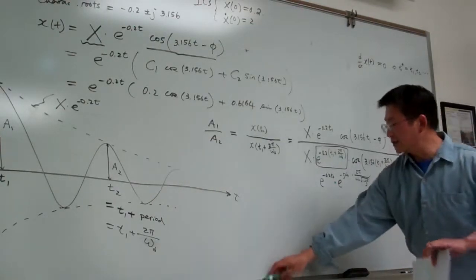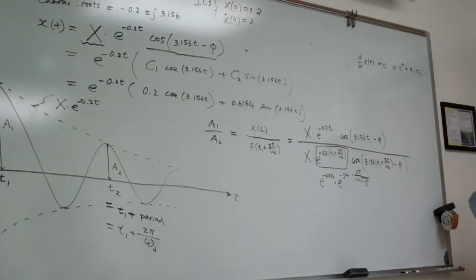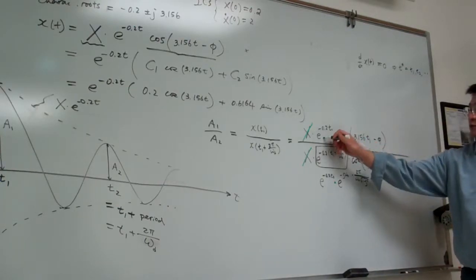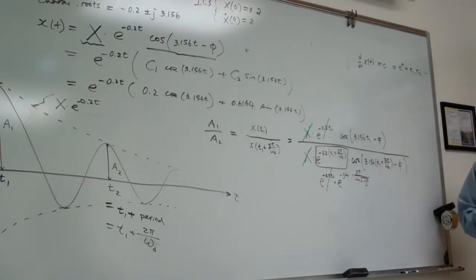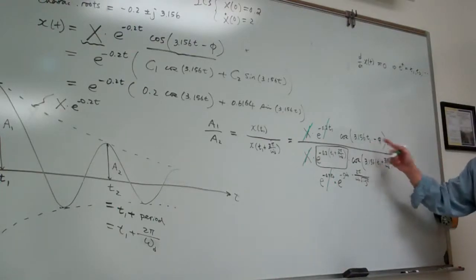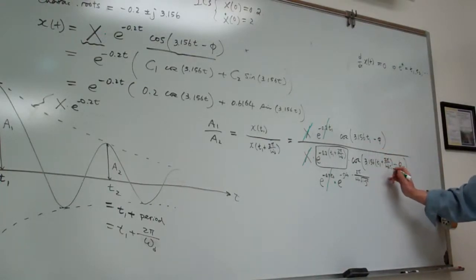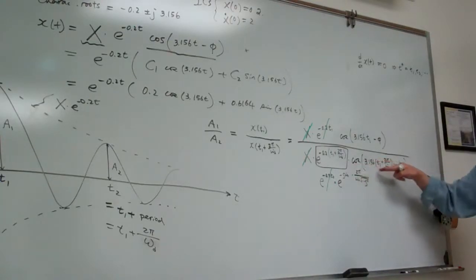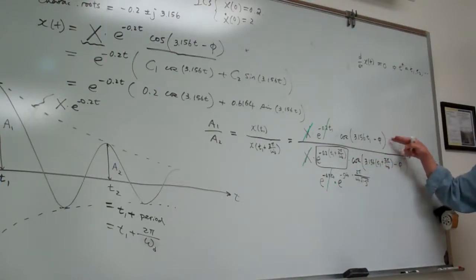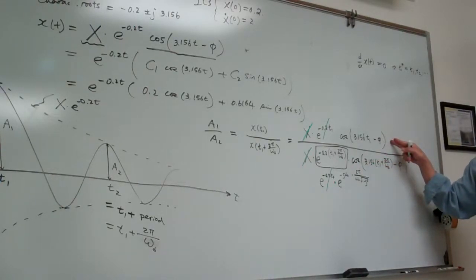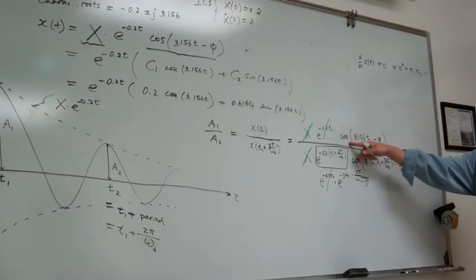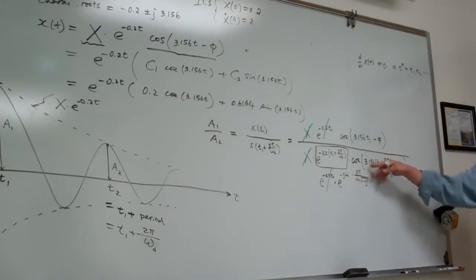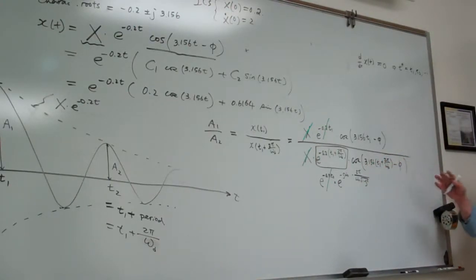Okay, so with these things, we have a numerator and a denominator, and we begin to cancel the common terms. This is a common term. Then how about the cosine? Can you see that this term is equal to this one? Do you know why? Because this is a cosine at T1, and this is the value of the cosine one period after, at the same phase.